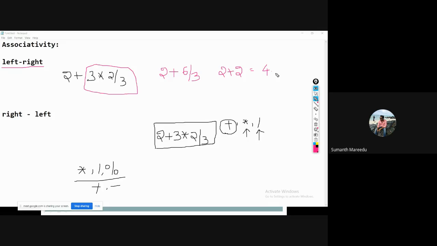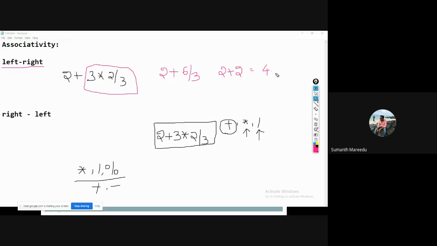So you'll get a different answer here. Okay, got it? So that is about left to right associativity.